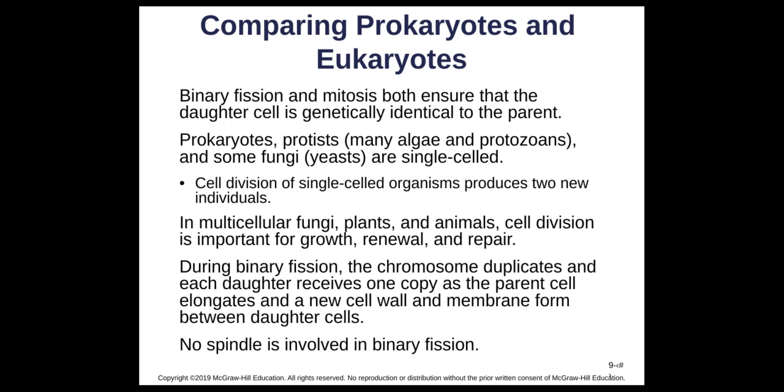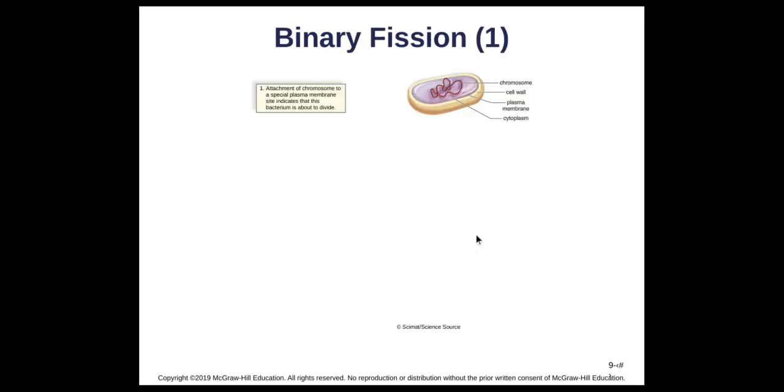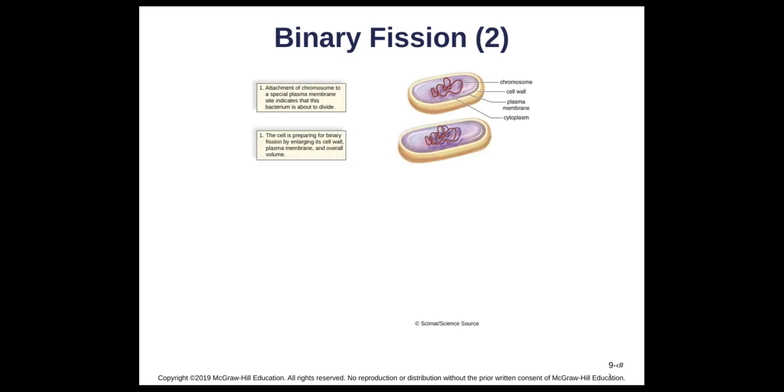When we look at binary fission, the chromosome duplicates and each daughter receives one copy. And then that parent cell will just elongate and then it'll split. There's no spindle fibers. It's just this pulling apart that happens. So we'll have our bacteria cell making a copy of its chromosome.